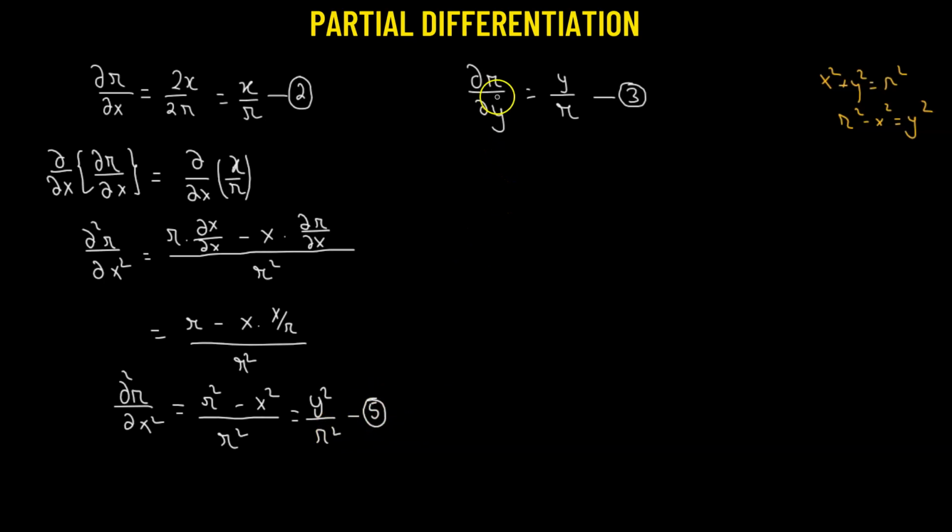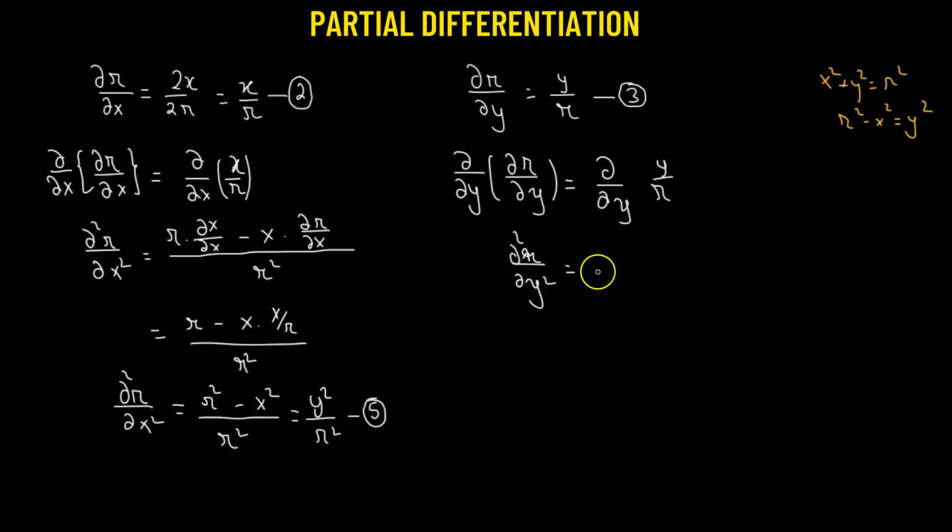Now what we'll do, we'll take the partial with respect to y on both sides of equation number 3. So we have partial with respect to y of partial of r with respect to y, which will be equal to partial derivative with respect to y of y over r. So this will give us the second partial derivative of r with respect to y, which will be equal to, so here we will apply the quotient rule.